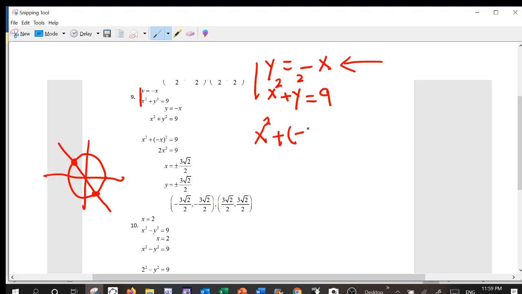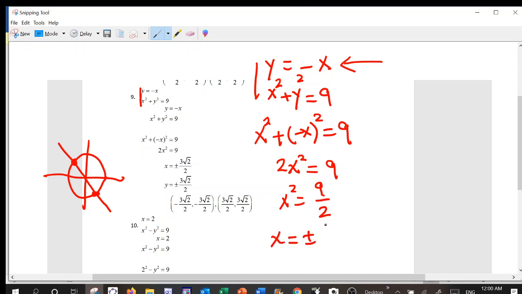Substitute negative x for y. And what do I get is basically x squared plus x squared is 2x squared equals 9. So x squared is going to be 9 over 2. So x is plus and minus 3 over square root of 2. And if you rationalize it, it's plus and minus 3 square root of 2 over 2, right?